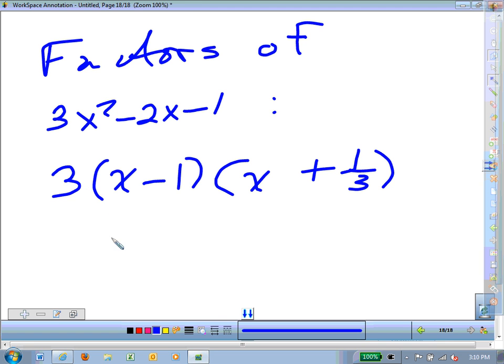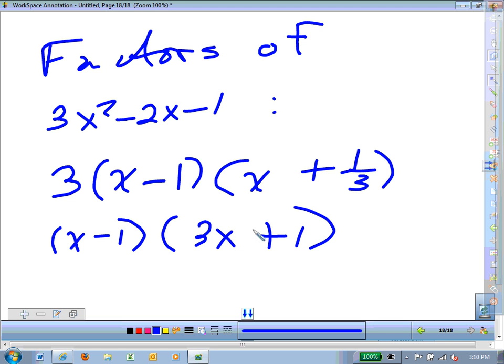And if you don't like the 3 out here, notice if I bring the 3 into this one, that's the 1/3. I could have written it this way. So these are the factors, but I need to compensate for this leading coefficient if I do it that way.